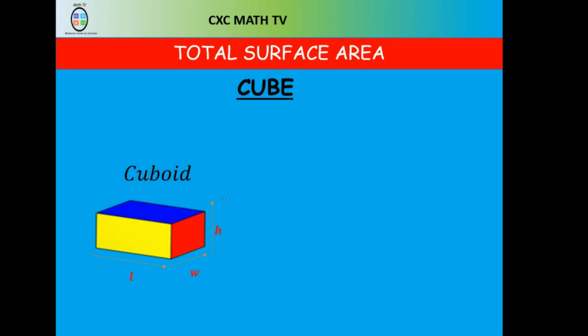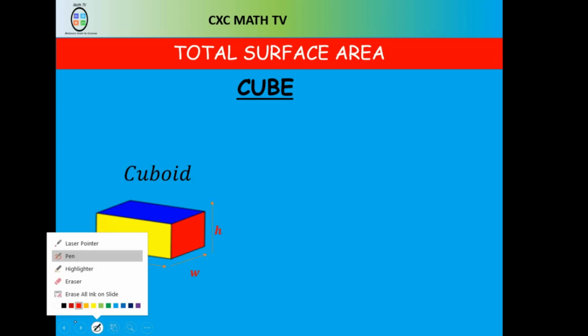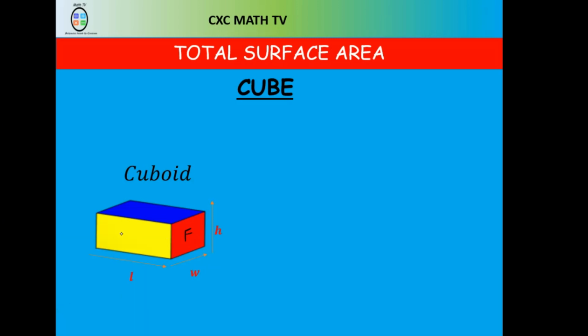A cuboid now, right? We notice with a cuboid, what happens? The area at the top is going to equal the area at the bottom. Naturally, just looking at it, right? And then the area at the front right here is going to equal the area at the back. Area at the top right here equals the area at the bottom.